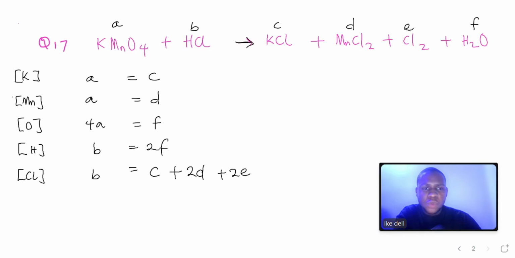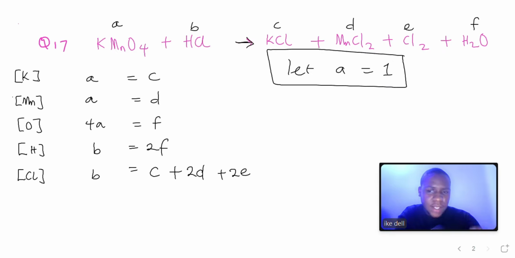So I've been able to establish some sort of equation, and I'll just need to solve this equation for all these unknowns. And I'll start by saying let A be equal to 1. You basically just choose anything and then say let it be equal to 1. And then you start solving for the other things. Okay? So that's how it's going to go.